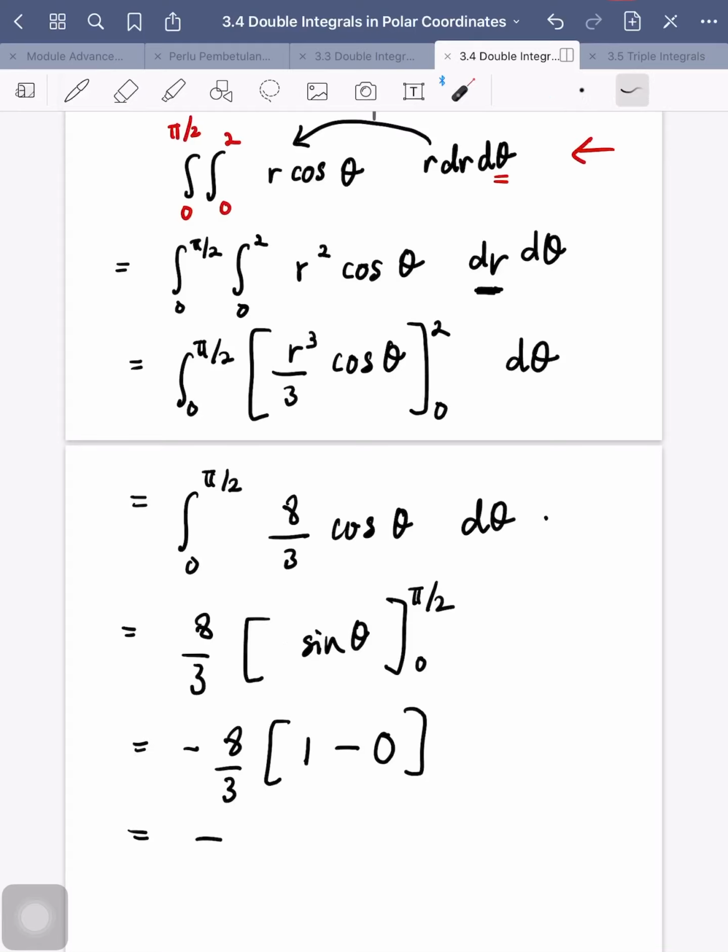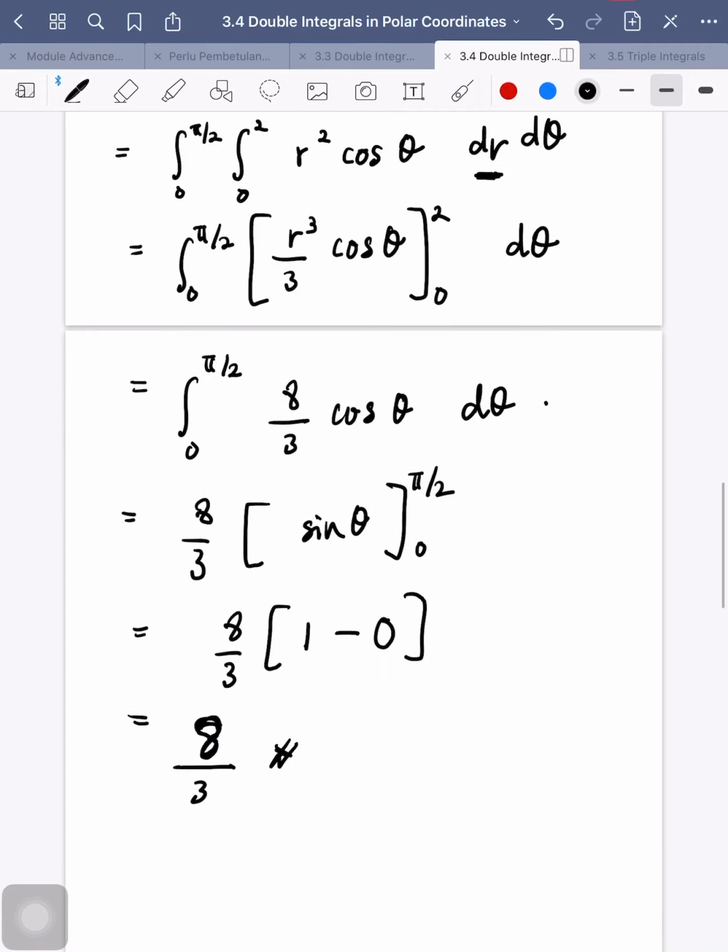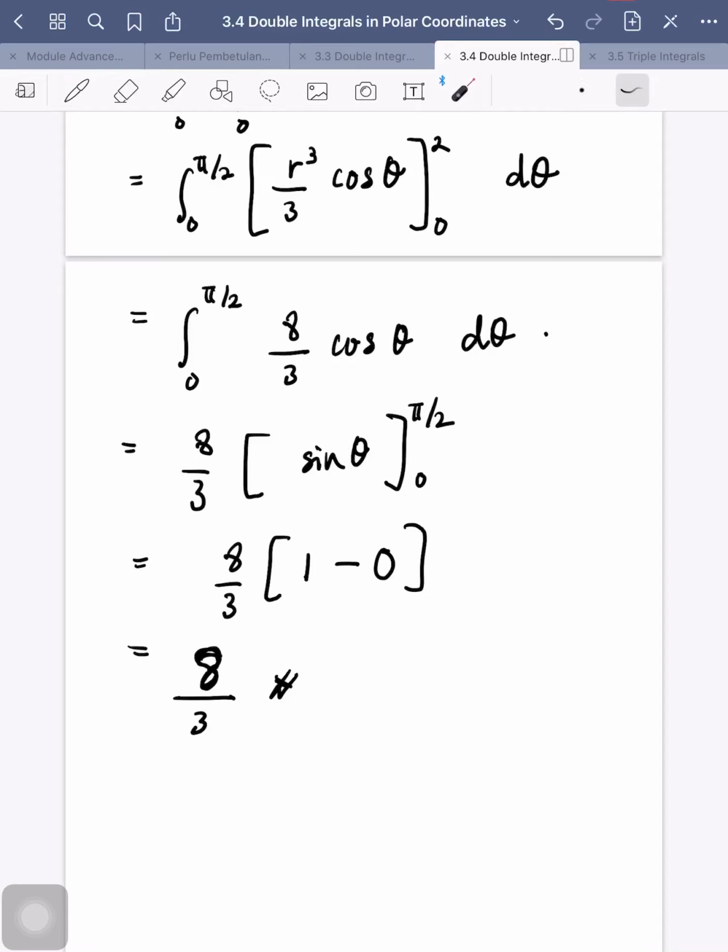Lucky I realized it. So no negative here. Just put the value. So your answer at the end is 8 over 3. Done. Okay, please be careful: integration of cos, you get sine.